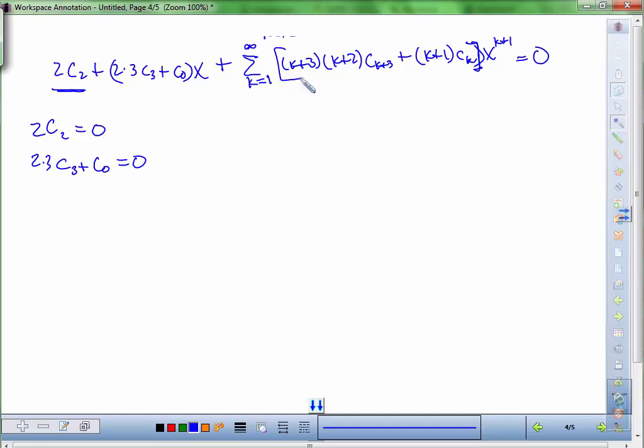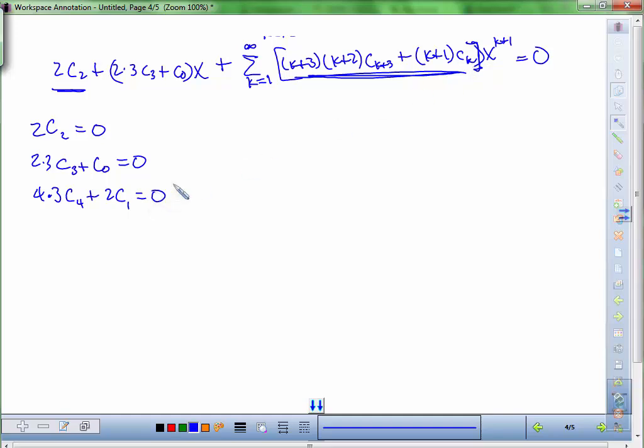So when k is equal to 1, now we take this term over here and put 1 in and set it equal to 0 because the coefficients are all 0. So when k is equal to 1, I have x squared, so it's like my x squared term. When k is equal to 1, I have 3 plus 1 is 4, and it's 4 times 3, c4, plus, when k is equal to 1, I have 2 c1.